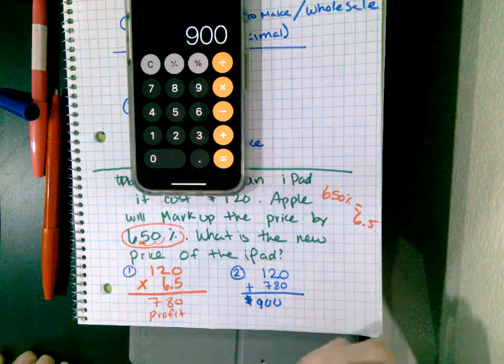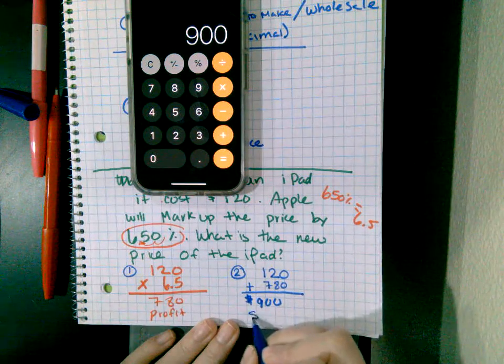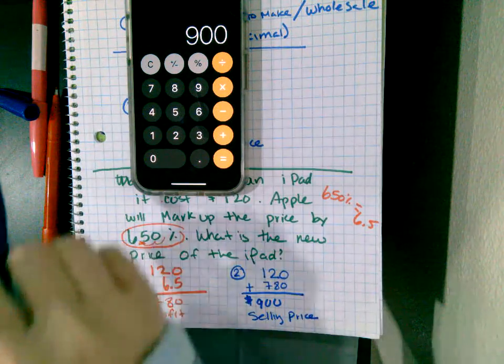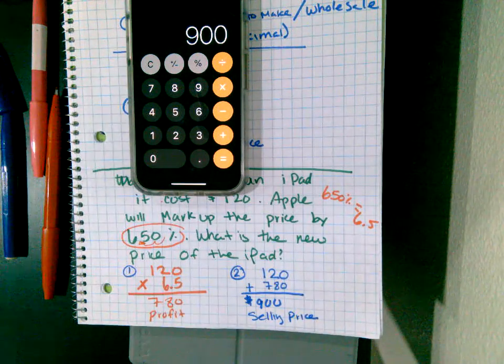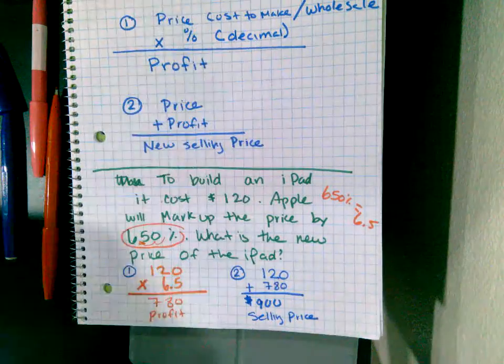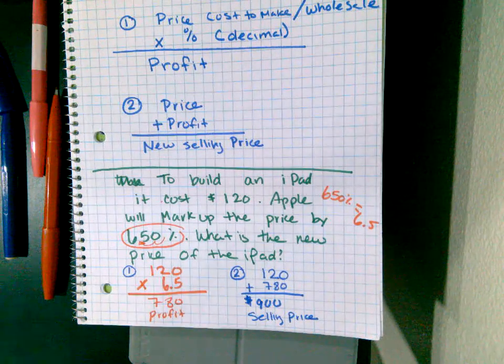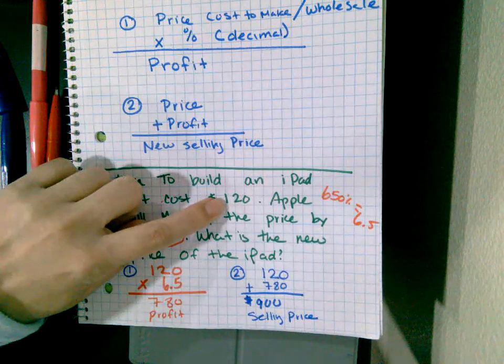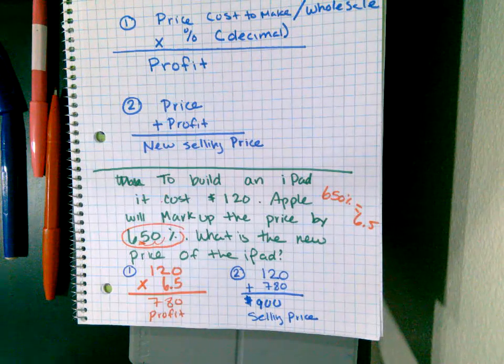So this is the selling price. And I know that $900 for an iPad, depending on which one it is, sounds about right. The 120, I kind of made that number up. I'm not sure exactly what an iPad costs to make, but I doubt it's more than like $200 to $300.